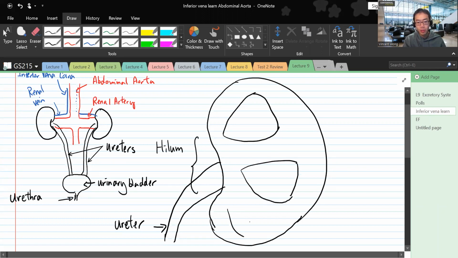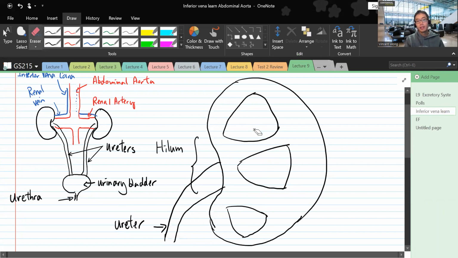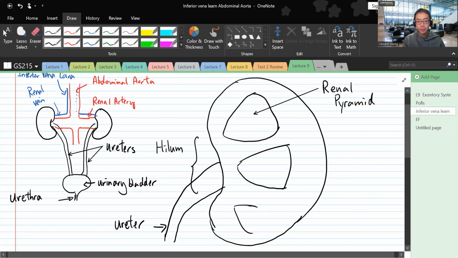Okay, there might be more than 3, but we'll just draw 3 to keep it simple. So each of these cone structures are called the renal pyramid. Renal means kidney, right? So you have a renal pyramid here, a renal pyramid here, and then another renal pyramid here.